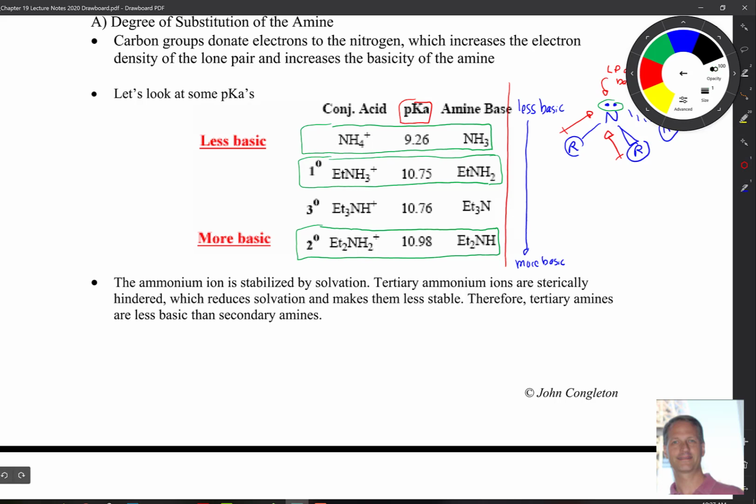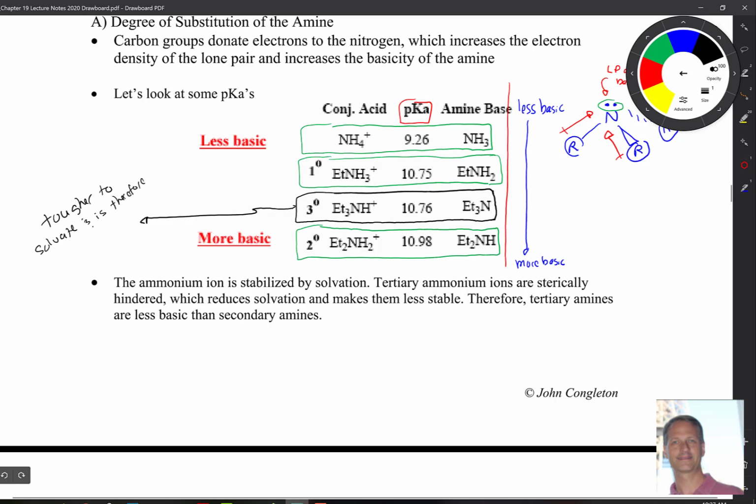Now, what happens in the middle here when we have 3 R groups on the nitrogen is that the ion there is tougher to solvate, and is therefore less stable, and basic. So that's the only one that doesn't follow the trend perfectly there.